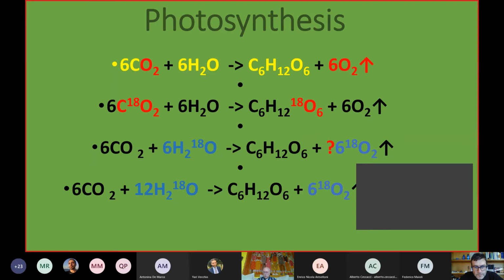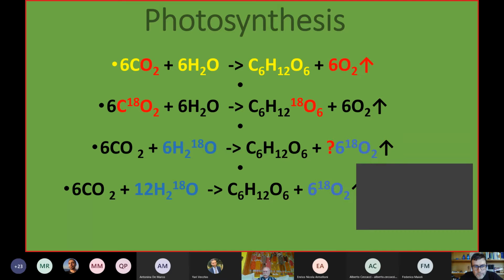That's the oxygen in the glucose. And now, if we do the opposite, which means we label the oxygen in the water, we discover that all the emitted oxygen comes from water, from splitting water.